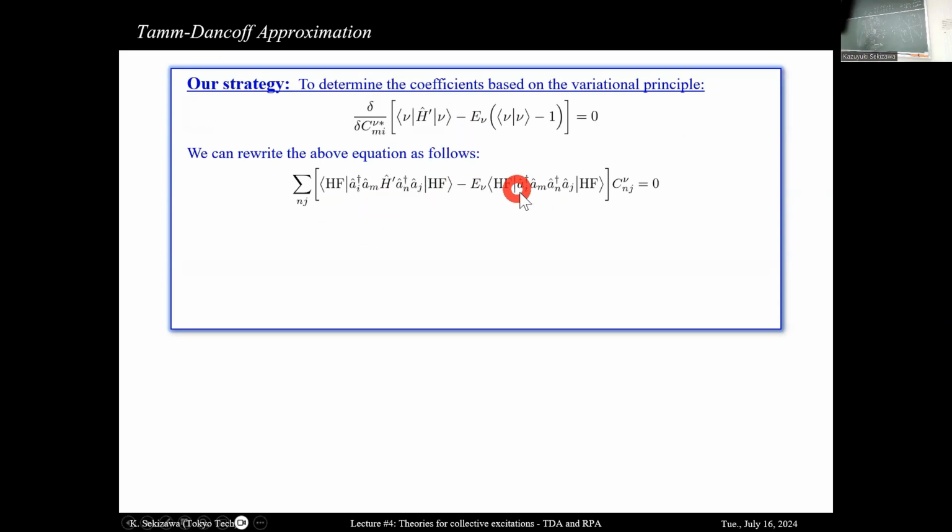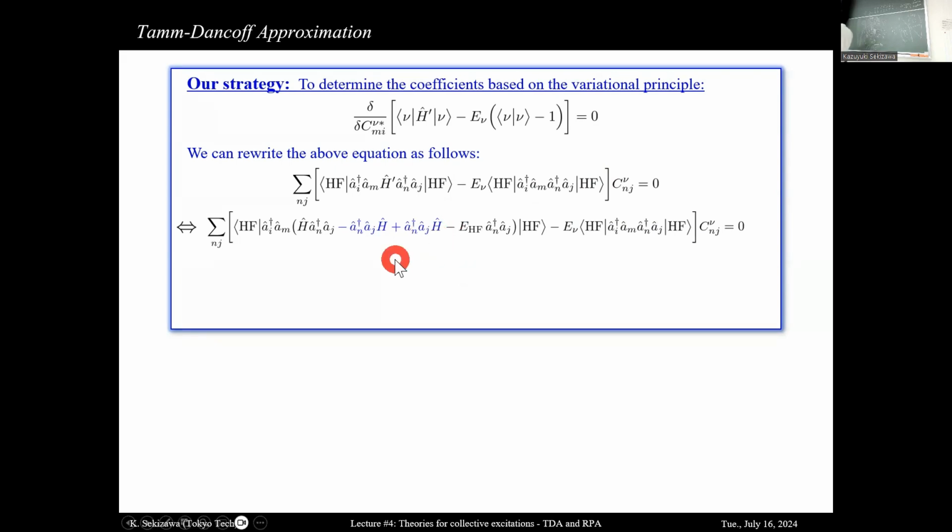I just put it here, as you can see. Now I will rewrite this equation. The second term is the same, so you can forget about it. Now I put in the same term with plus and minus, so I just added zero. This is just a manipulation of the equation.